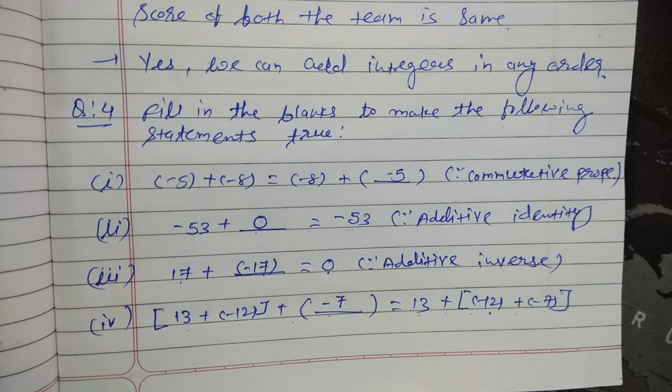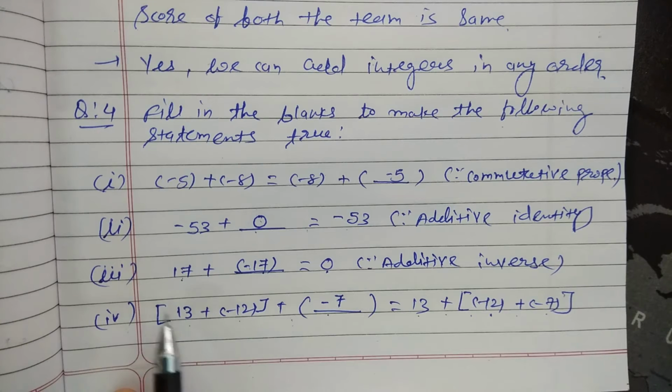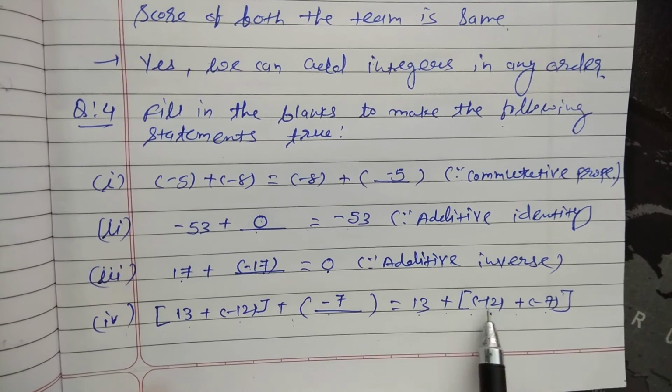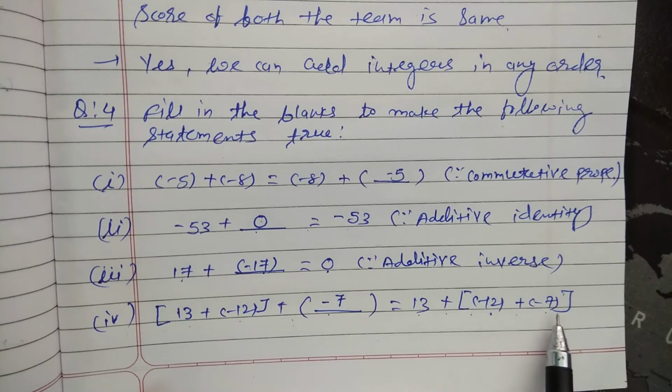Because we have already learned about the associative property for integers for addition. So in that we can change the position of the bracket. So here for the first 2 integers there is a bracket, and in the other for the last 2 integers, that is the second and third integer, there is a bracket, and inside, the integers will not change and their order is also not changed.